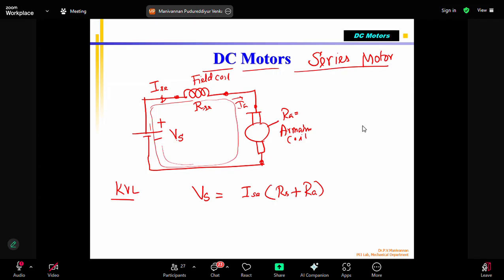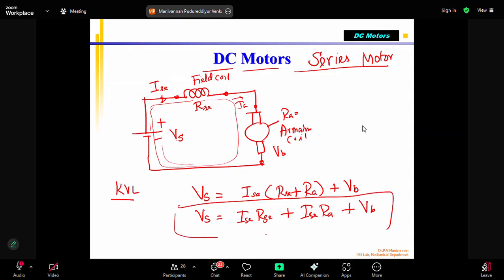These two are the voltage drops. Then VB, the back EMF, because there is always a back EMF in the armature, whether it's a shunt motor or a series motor. So VS equals I series into R series plus I series into RA plus VB. This is the total equation.